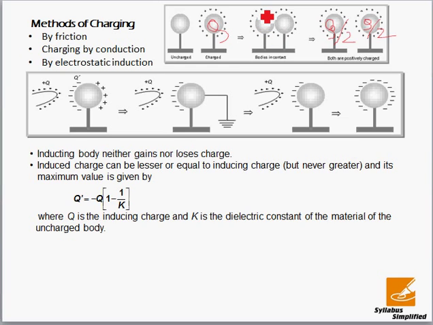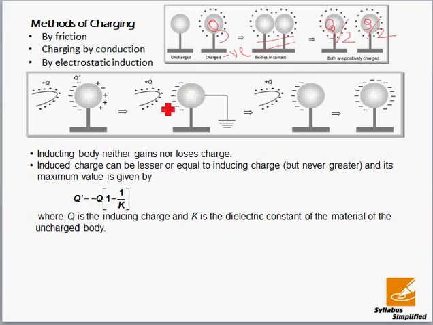What would have happened if the charged body had a negative charge? If it had a negative charge, then this would have had an excess of electrons. So when we touch both the charged body and the uncharged body, the excess of electrons from this would have moved to the other body, and both of them after separation would have q by 2 and q by 2 charge.